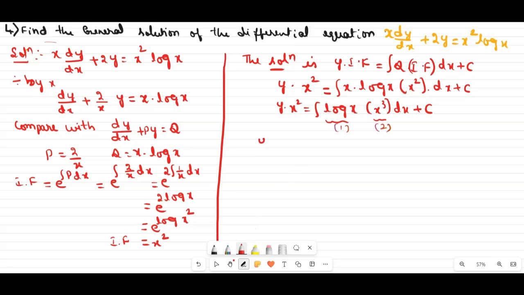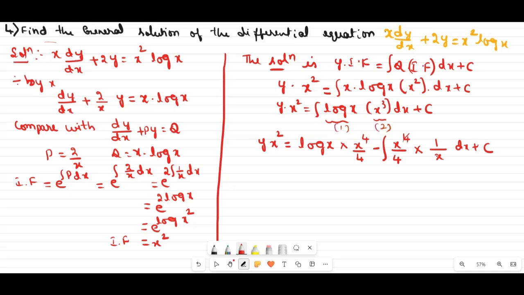So I will write the left hand side as it is. Integration by parts: first function into integral of x cube, which is x power 4 by 4, minus integral of x power 4 by 4 into the derivative of log x, which is 1 by x, into dx plus c.